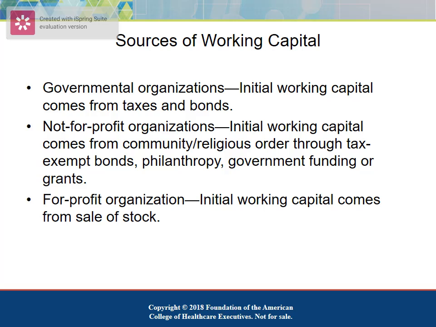People will donate funds, and you might also have tax exempt bonds, which get you funding and save some money, or it could be government funding and grants. If you are a commercial for-profit organization, there might be some sale of stock, and that would get you some upfront cash and working capital.